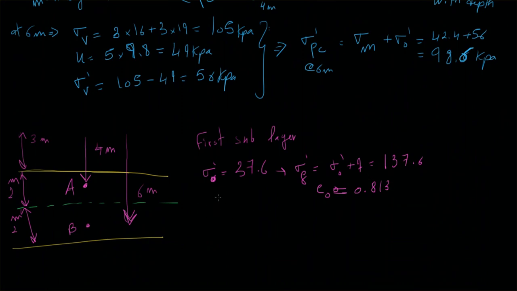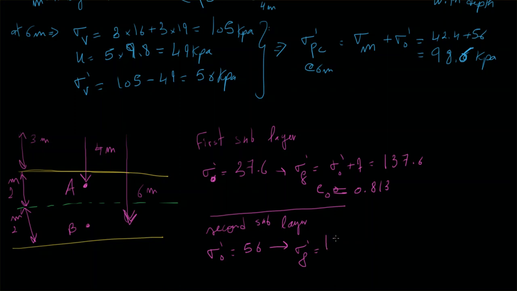For the second sublayer, we have sigma dash naught of 56, sigma dash final is 156, which is plus the surcharge, and e naught is unknown, because as we go down we expect the void ratio to reduce due to compression.